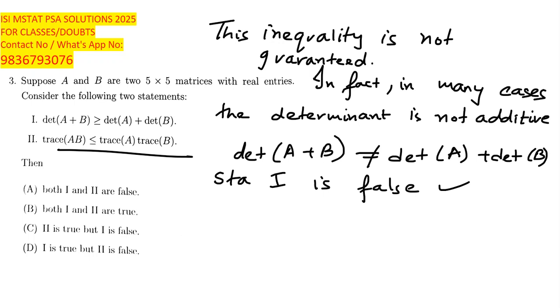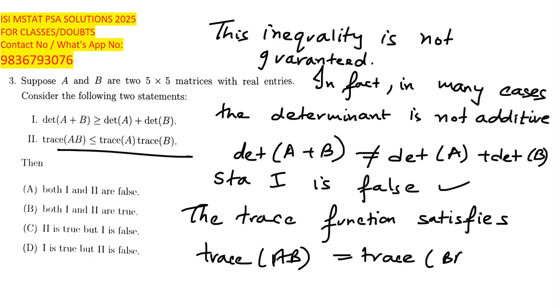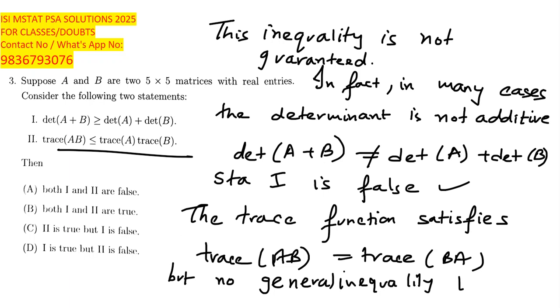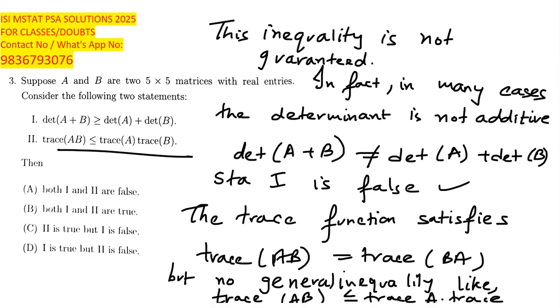The trace function satisfies trace AB equals trace BA, but there is no general inequality like trace AB is less than or equal to trace A multiplied by trace B. This is not true for arbitrary matrices.